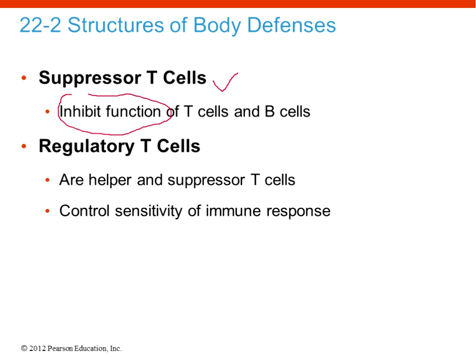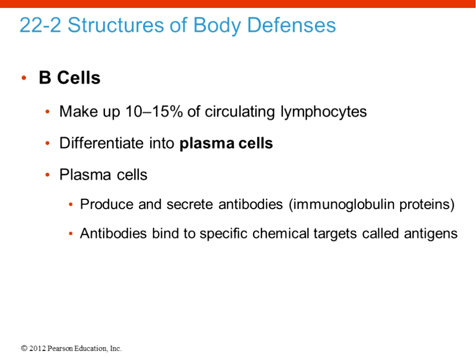So I also want to be able to inhibit the function of those T cells and B cells. And finally, regulatory T cells are just helper and suppressor T cells. But again, like I was talking about with suppressor, they help control and regulate the sensitivity of the immune response and turn it on and turn it off, so to speak, in terms of the response. All right.